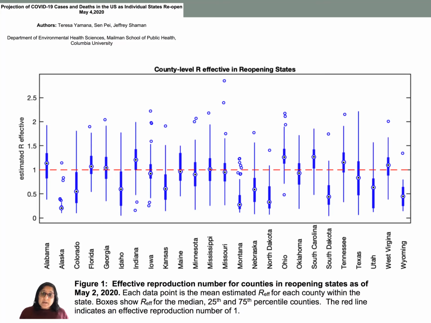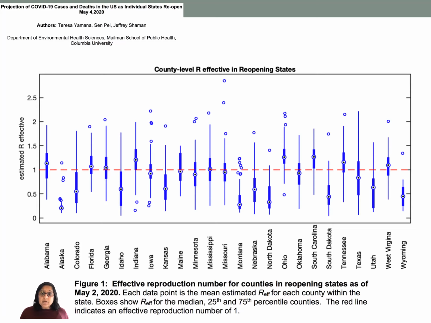And what you can see is here, the red dotted line is an R naught of 1. So if the R naught for that state is 1, it means that the epidemic is neither growing nor shrinking. If it is above 1, it means that the epidemic is growing in size.